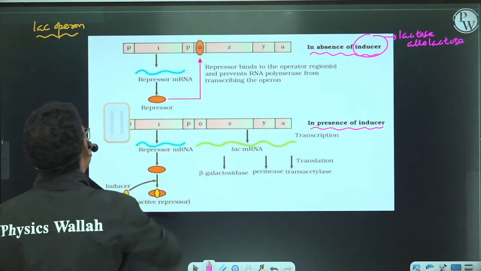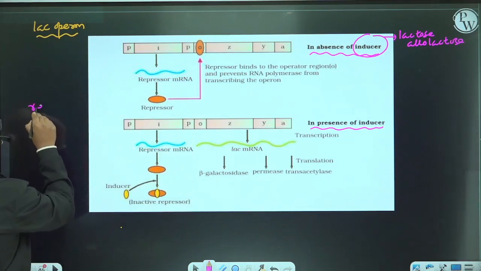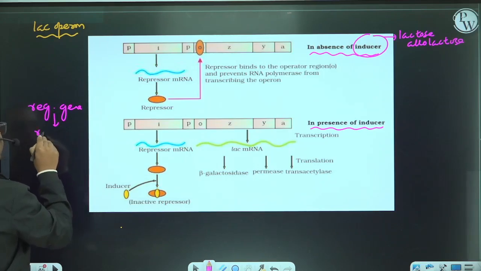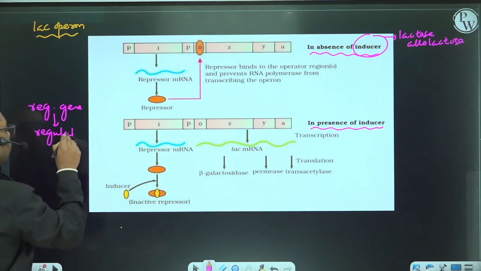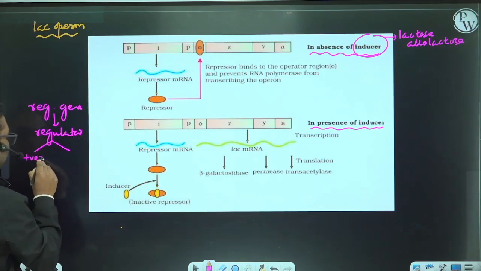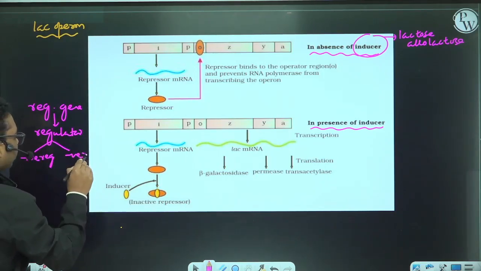Let me tell you one thing. The regulatory gene produces regulator, and the regulator is of two types: positive regulator and negative regulator.